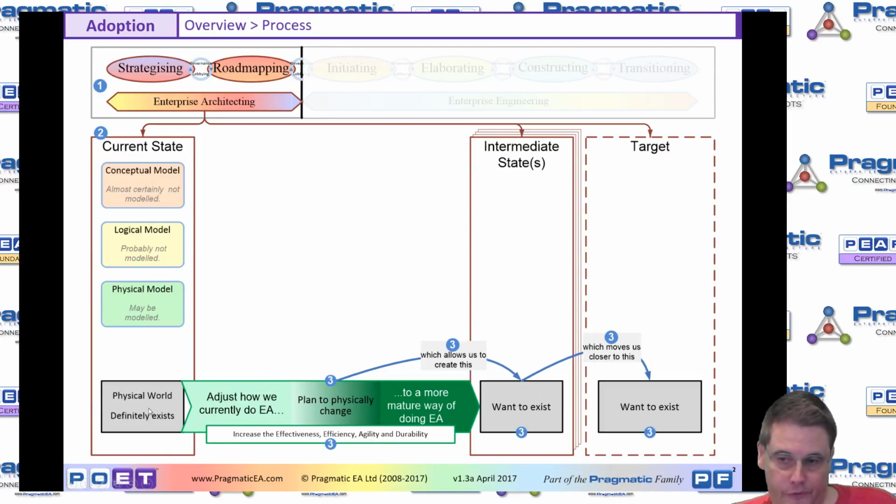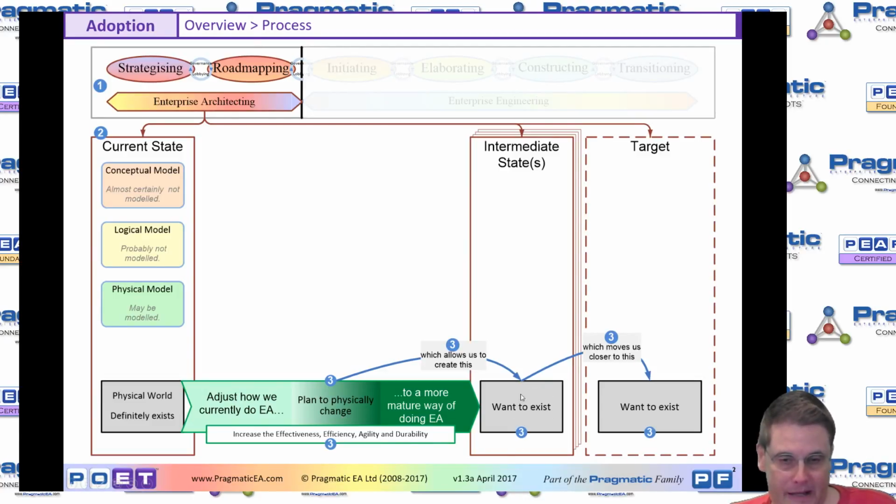Now, in order to move from how we physically do enterprise architecture currently to how we want to do it in the future, we need to have a plan to physically do that change. We need a plan to buy a tool. We need a plan to physically change the processes people are operating, etc. But we can't just invent that plan out of thin air.